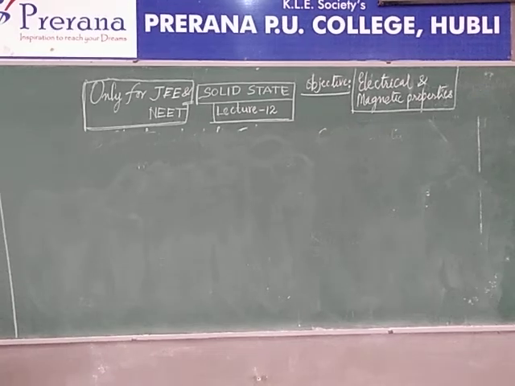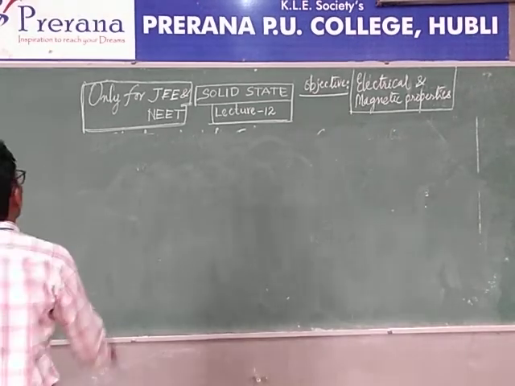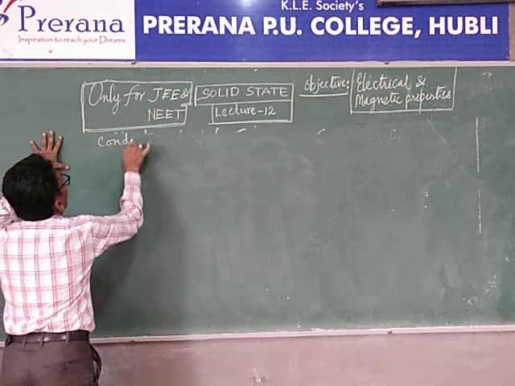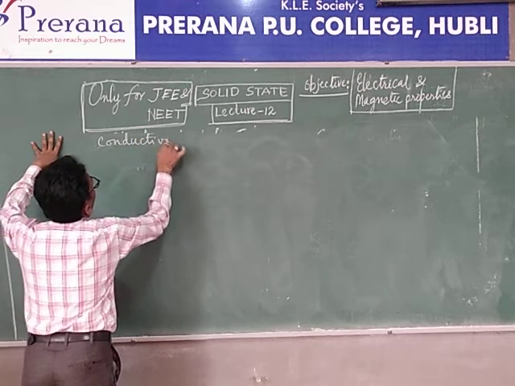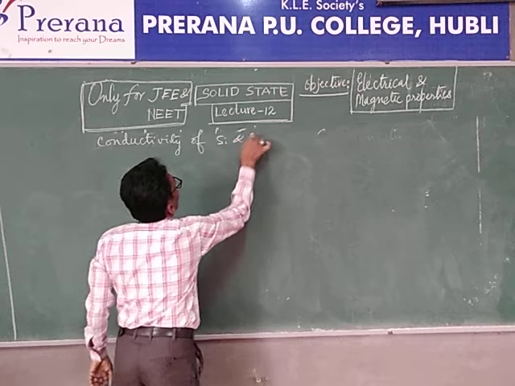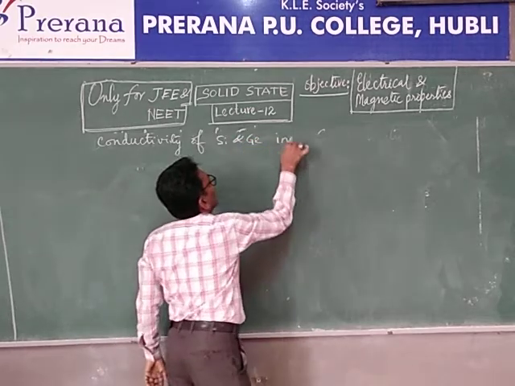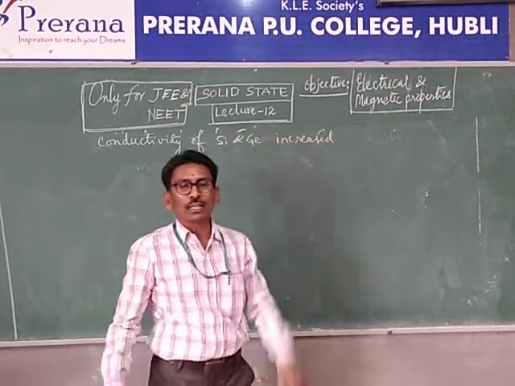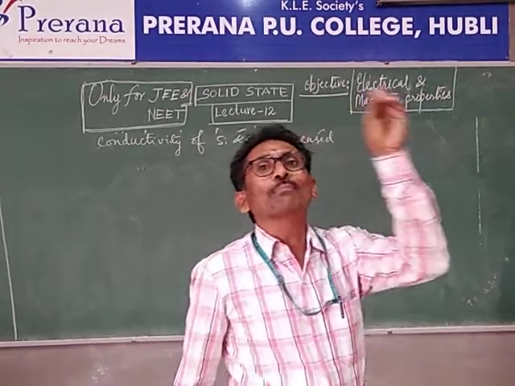The conductivity of semiconductors like silicon and germanium increases by increasing temperature and also by adding an impurity.